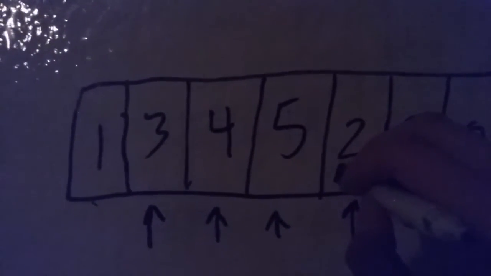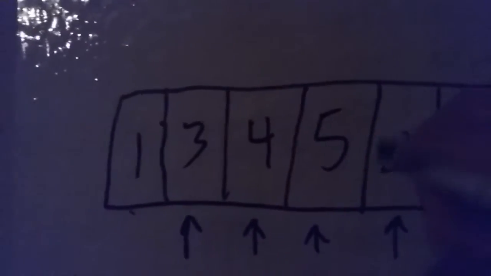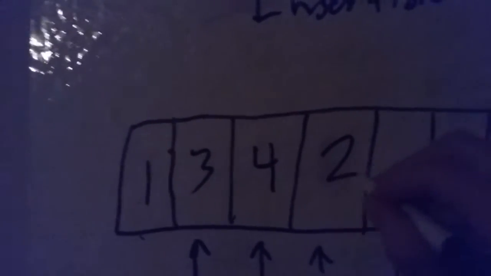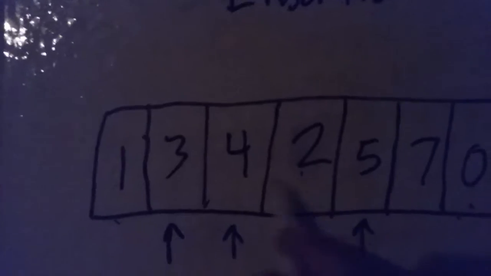So I look at it and I go, okay, 2 is less than 5. Let me go ahead and have those rearrange. And then I go, okay, 2 is less than 4.